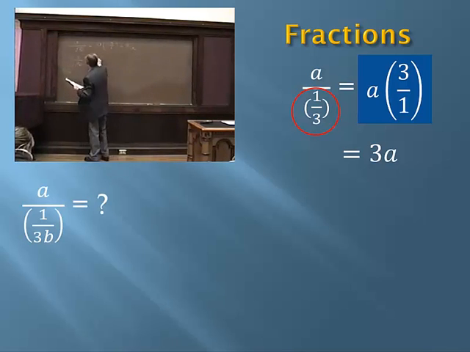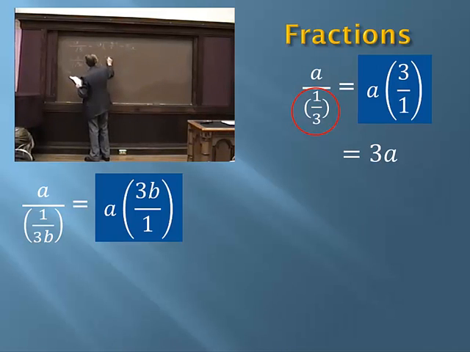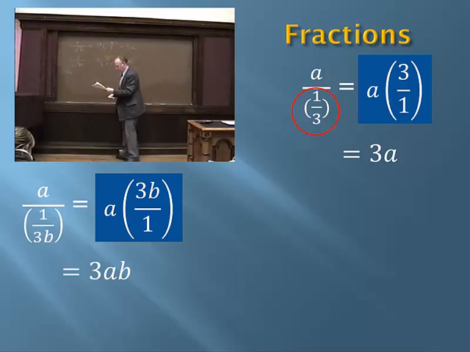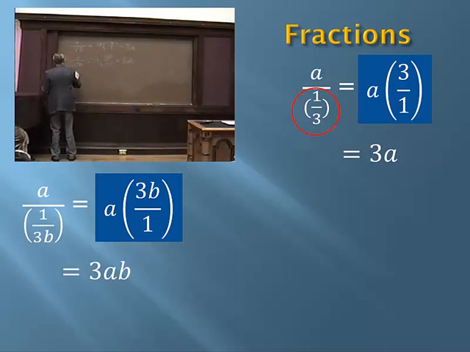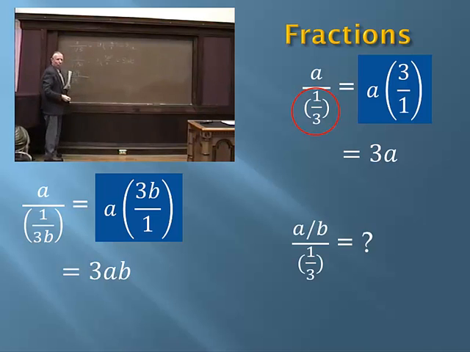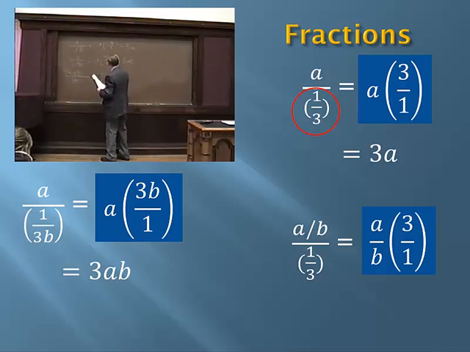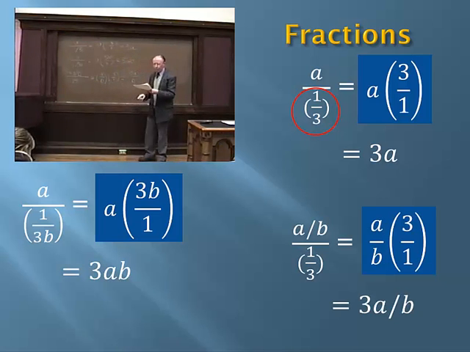Well, same as A times 3B over 1, because I just flip this over and multiply, which is the same as 3AB. What if I had A over B over 1/3? Then this is the same as A over B times this flipped over, 3/1, which is 3A over B. Make sense?